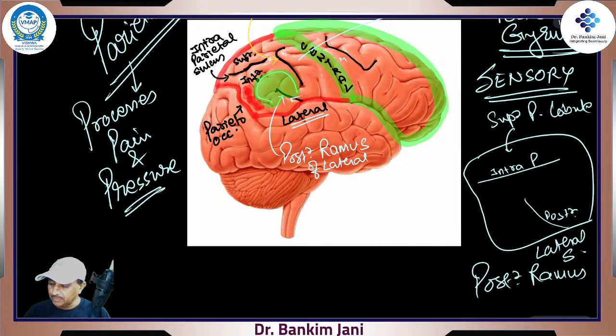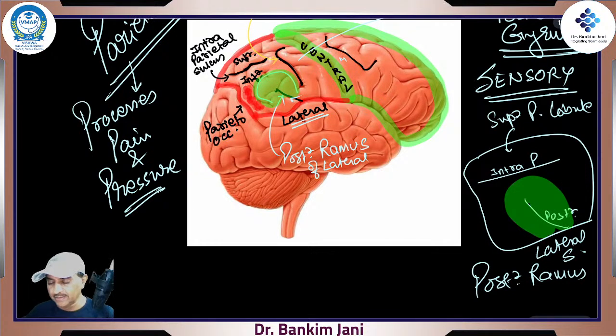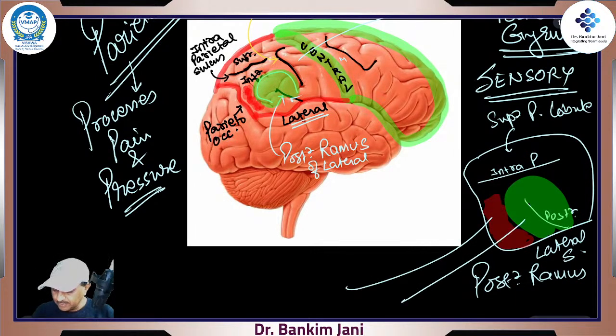Watch this one gyrus, which is going round the posterior ramus of the lateral sulcus, and then there is another one which is into this area. Names have been given to these two, this one and this one, which is going round.